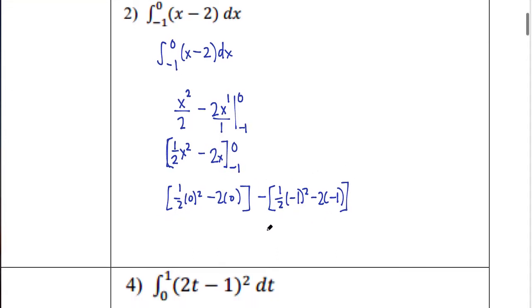On the right-hand side, we have the negative of this whole thing, so that's 1/2 times negative 1 squared, which is just positive 1, so we have 1/2, minus, 2 times negative 1 is negative 2, so plus 2, and so that's going to be 5/2, and that'll be negative of that. I like decimals and we typically use decimals in physics, so we'll say that this is negative 2.5.